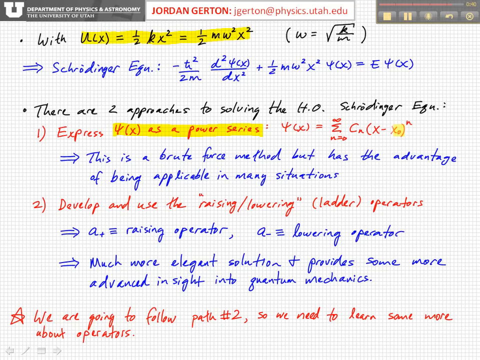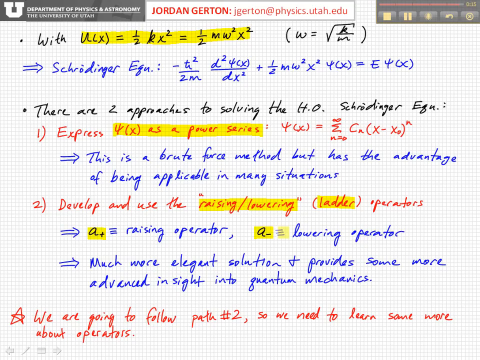And basically what we're going to do is to develop and use the concept of raising and lowering operators, or ladder operators. Okay, where we define a plus to be the raising operator and a minus to be the lowering operator, and we'll see mostly in the next lecture why those are called raising and lowering operators.